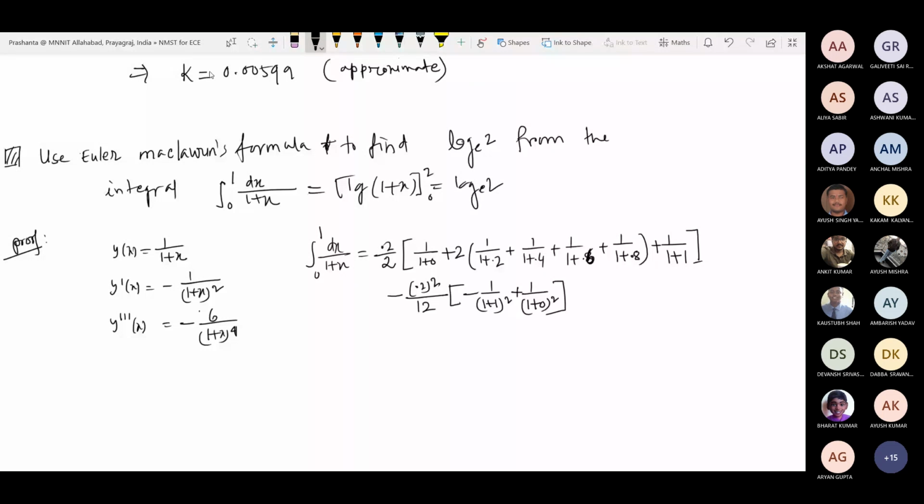Okay, so what is the next term? Minus minus plus. The next term is a plus term: h power 4 by 720.